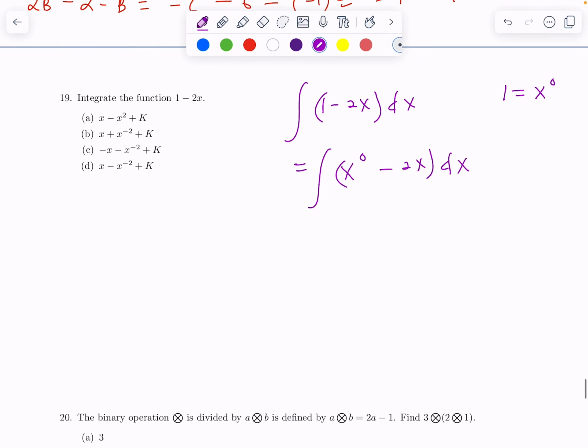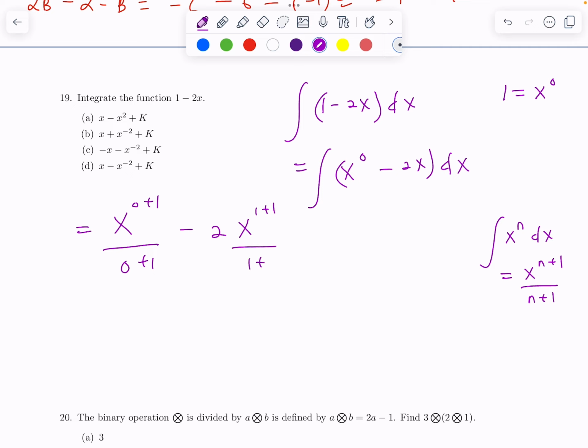So I'm using the power rule, right? The power rule says the integral of x to the power of m dx is x to the power of m plus 1 divided by m plus 1, right? So the integral of x to the power of 0 is going to be x to the 0 plus 1 divided by 0 plus 1, minus 2 times x to the 1 plus 1 divided by 1 plus 1, plus the constant of integration.